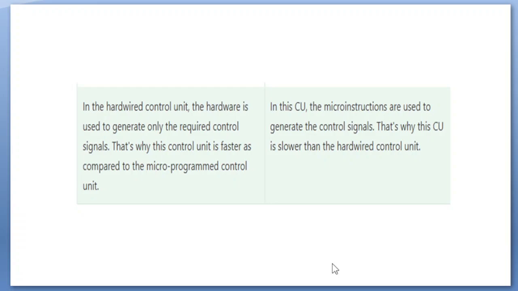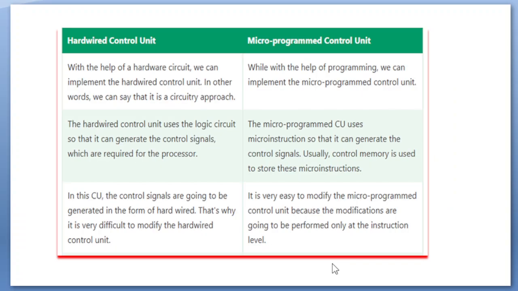Many control signals have to be generated, so it is very slow compared with the hardware control unit. Microprogrammed instructions are very slow, but hardware control unit signals are very fast. Okay, I hope you are all clear with this.